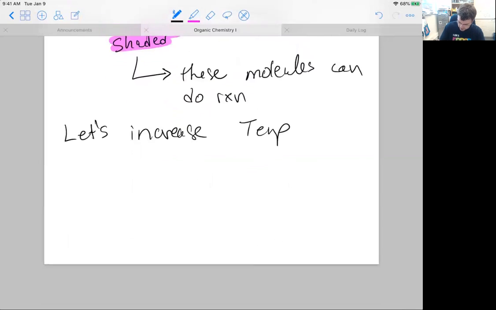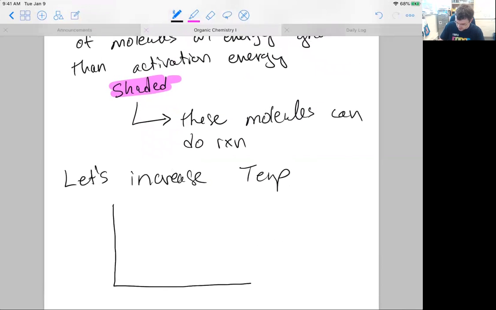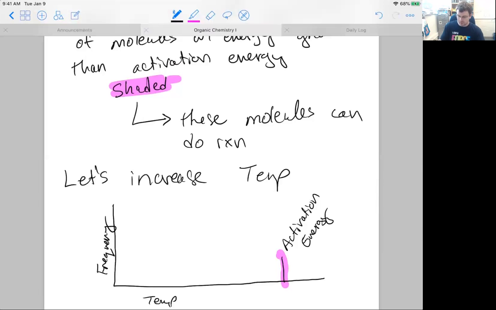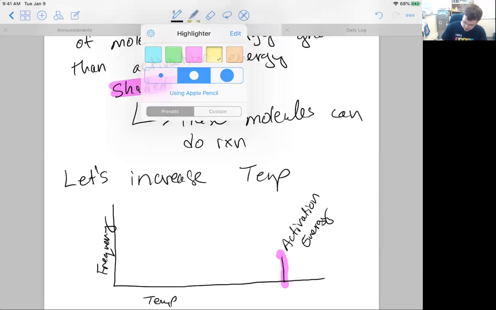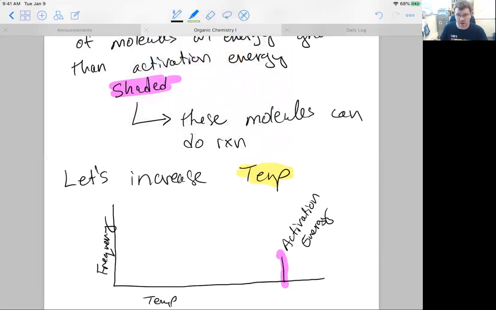Okay, so I'm going to draw another frequency distribution where I've got temperature and I've got frequency. Now the thing that doesn't change is our activation energy line. But what we're doing is we're going to increase the temperature. Now the temperature is a little vague because the temperature is also the x-axis.